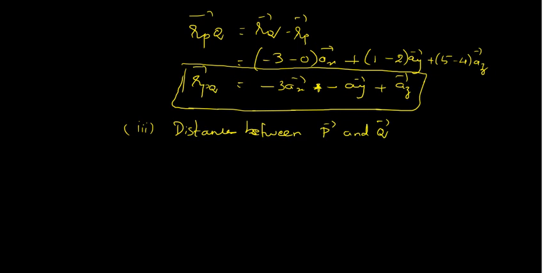So here RPQ vector, you know this value, minus 3AX minus AY plus AZ vector.